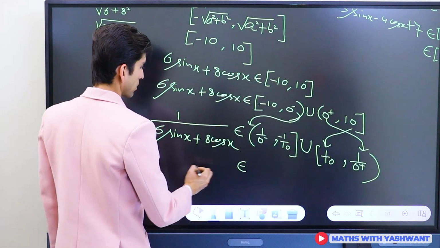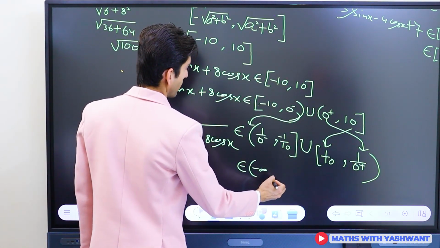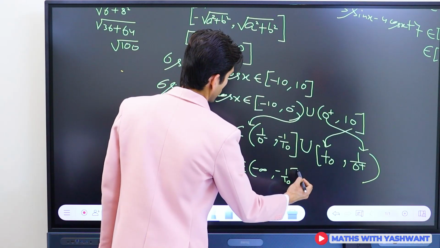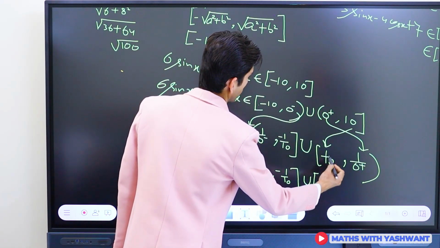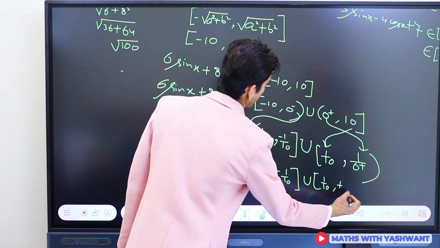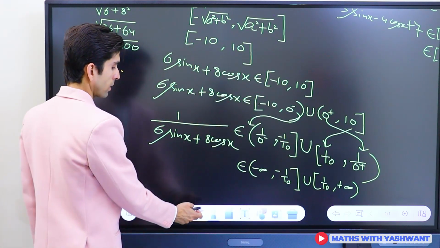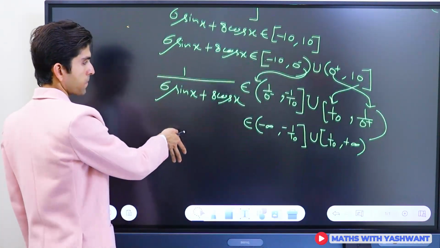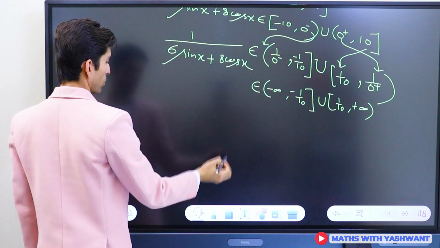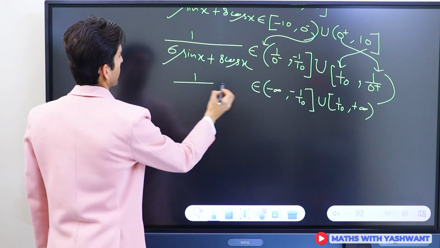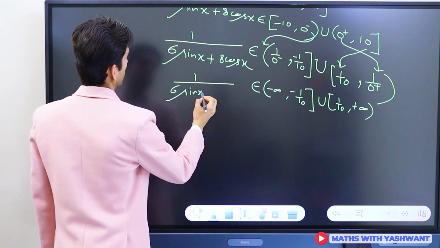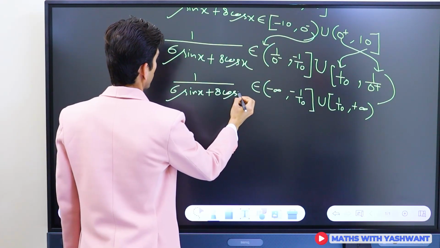So this will be your negative infinity, and this is your negative 1 by 10, union this is your 1 by 10 and this is your positive infinity. So we have got 1 upon 6 sin x plus 8 cos x.